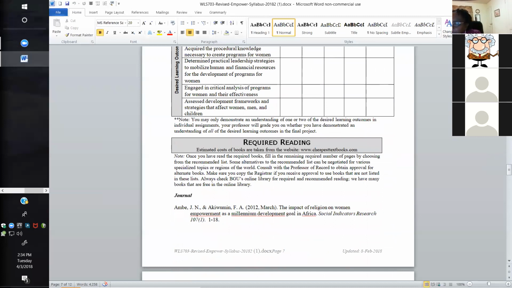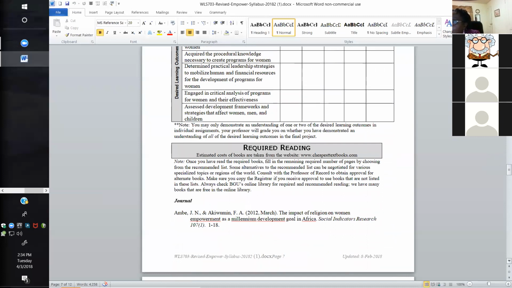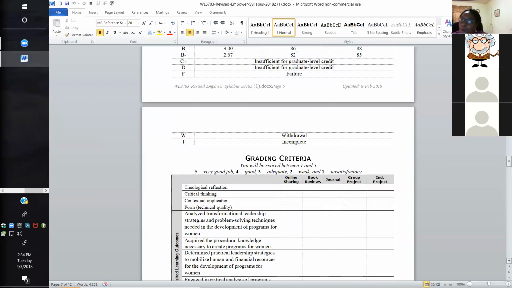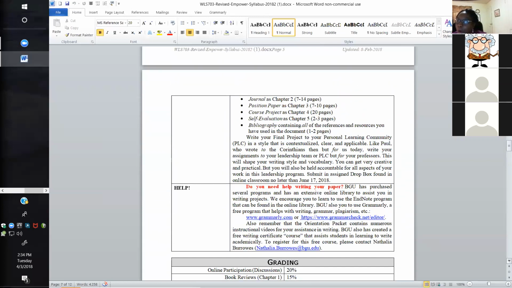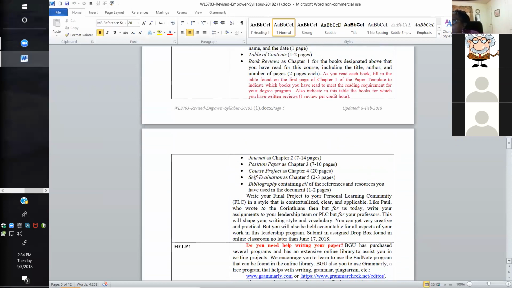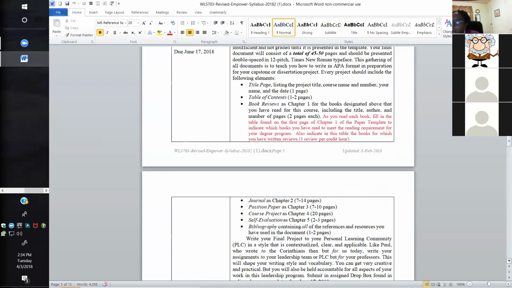Okay. Sorry, go ahead. Question about the total number of pages. Is it going to be 45 to 50? Pages for the assignment, is that what you're talking about? So for the final paper. Oh, yes, it's there. Let me go back to where it's page 5.